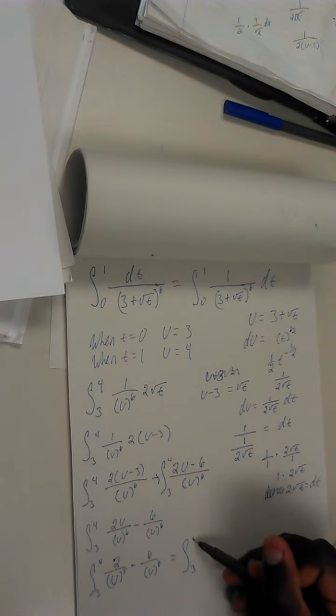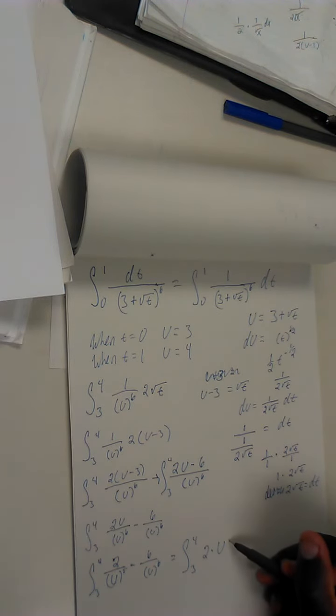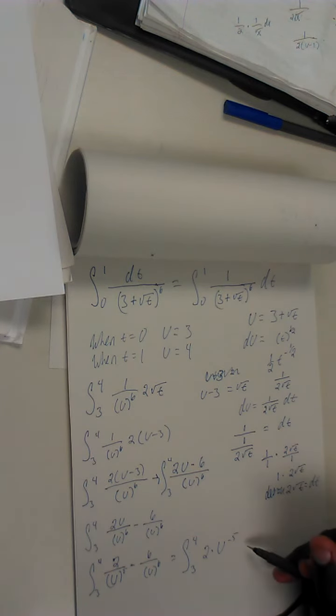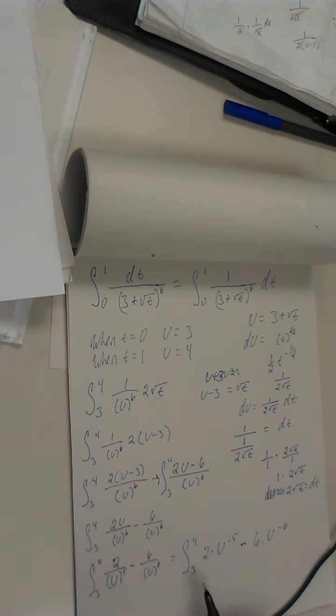And to break it down even further, this is equal to 2 times u to the negative 5 minus 6 times u to the negative 6, when you break this fraction down.